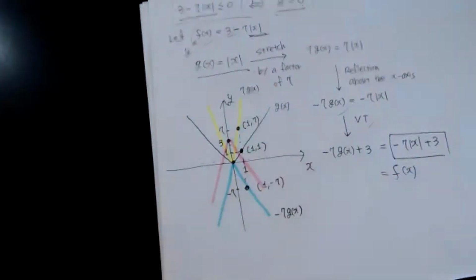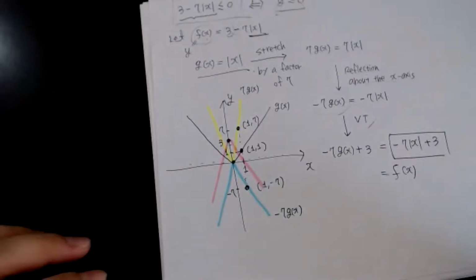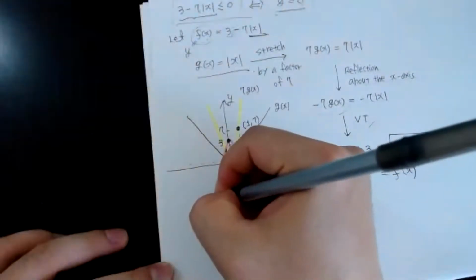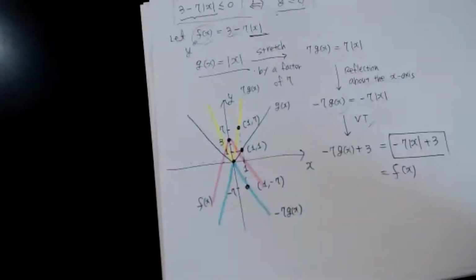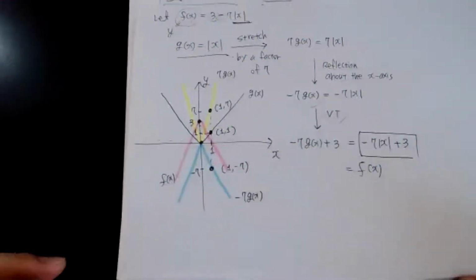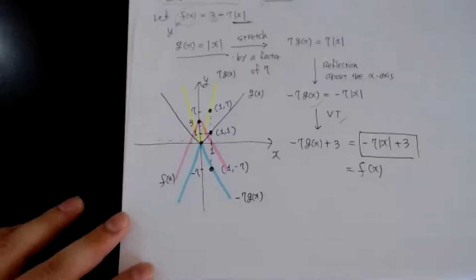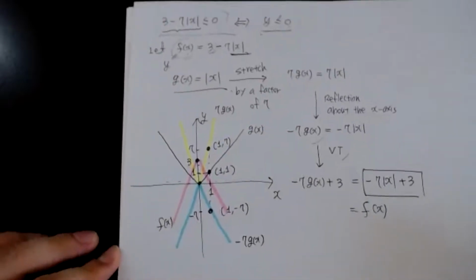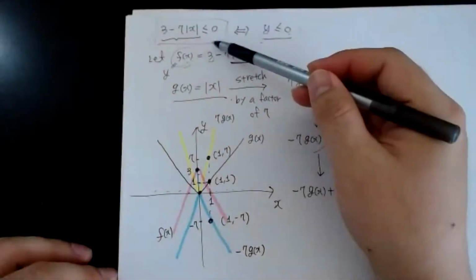That's the graph of -7 times g of x plus 3, which is the graph of f of x. Now, that's not done. That's not the answer. The goal is to find the solution set of this inequality.